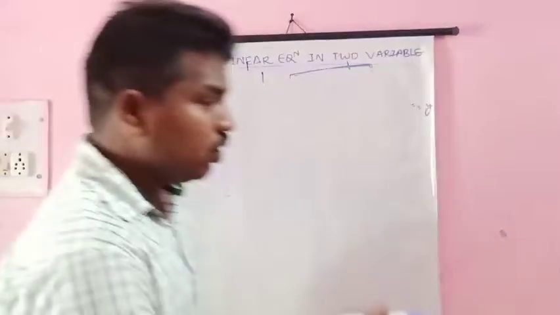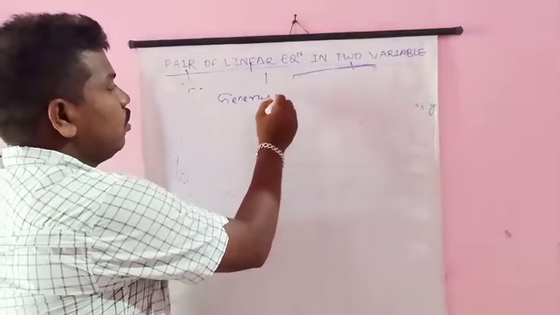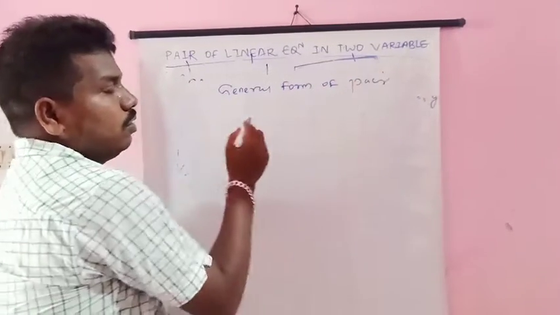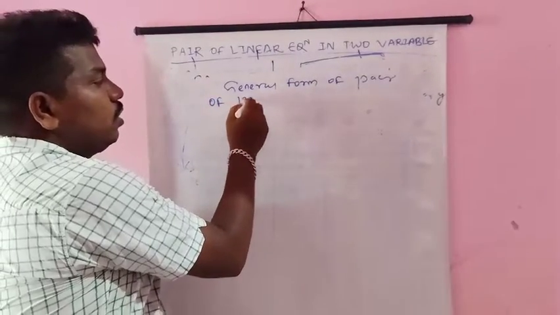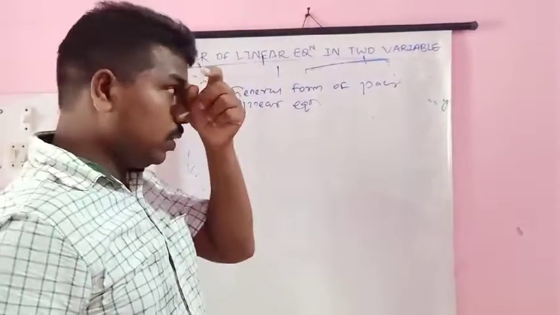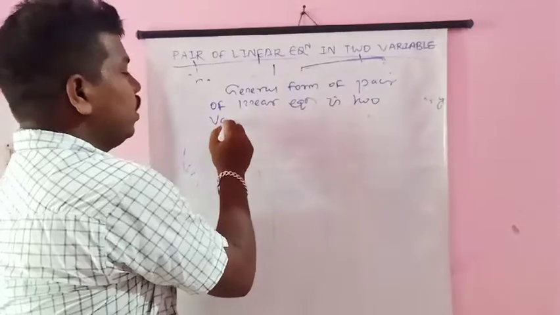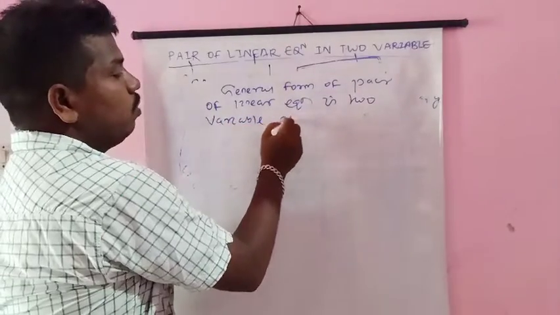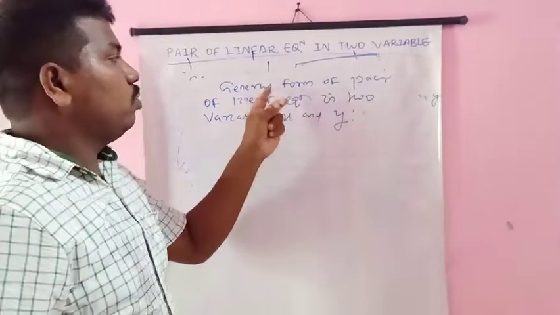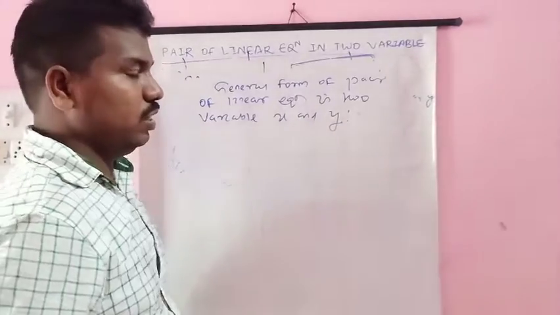Pair of linear equations in two variables: first we have to discuss what is the general form of a pair of linear equations in two variables x and y.